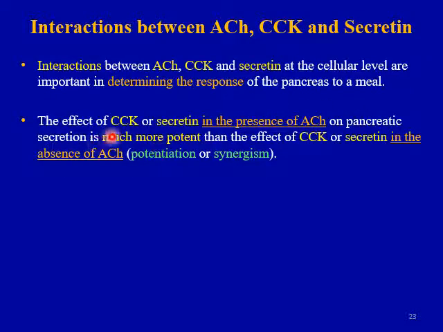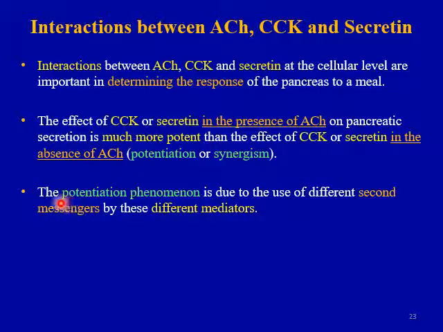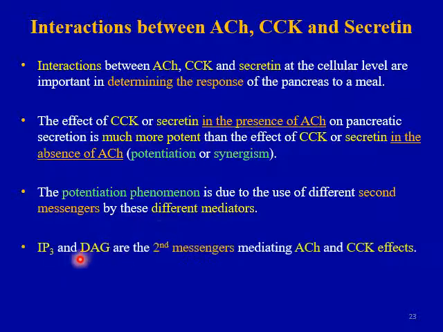The effect of cholecystokinin or secretin in the presence of acetylcholine on pancreatic secretion is much more potent than the effect of cholecystokinin or secretin in the absence of acetylcholine. So there is potentiation or synergism. The potentiation phenomenon is due to the use of different second messengers by these different mediators.